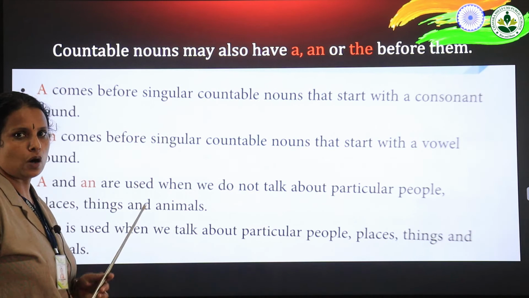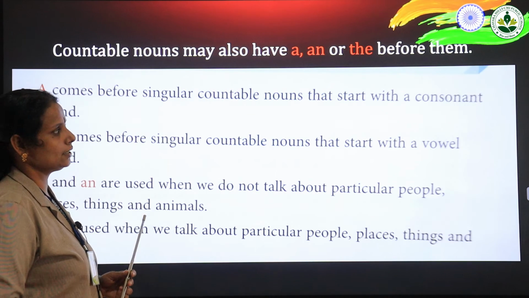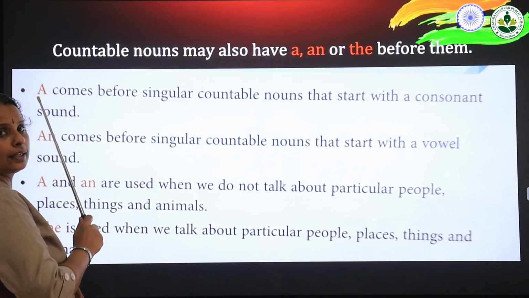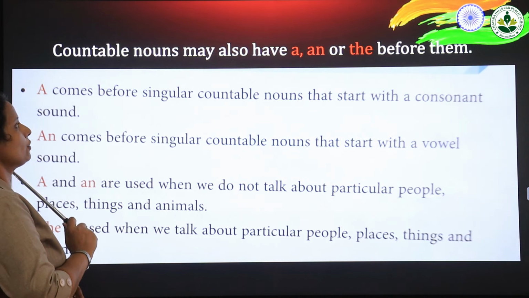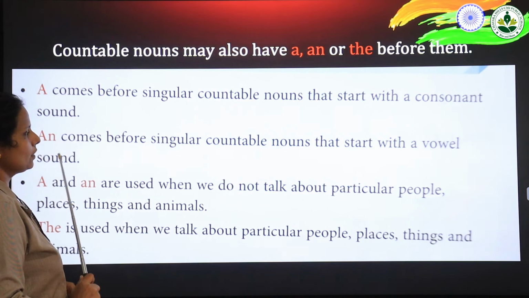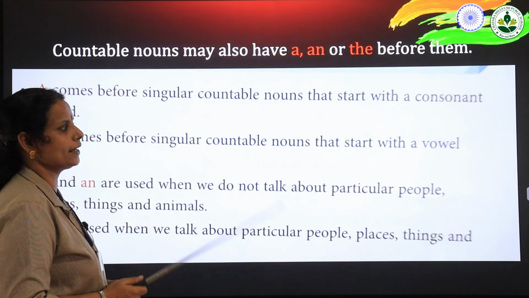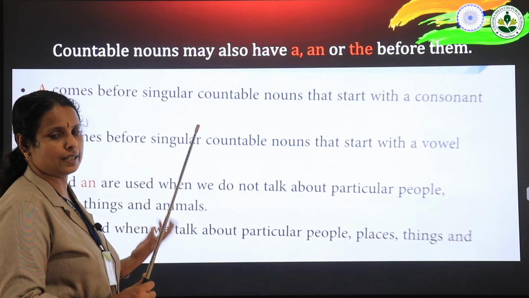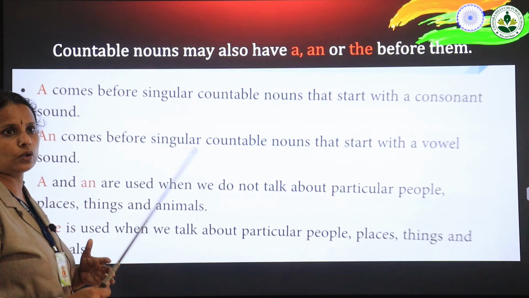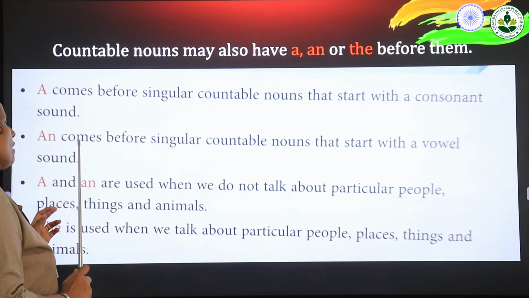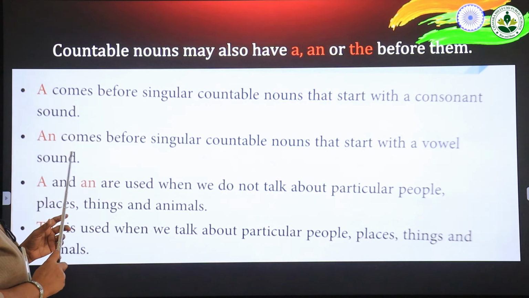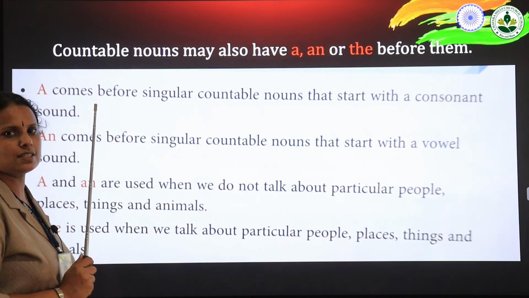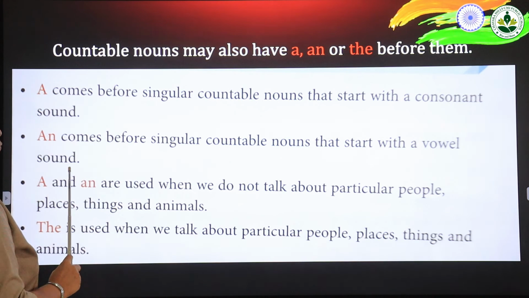If a noun starts with a consonant sound, before that we have to add a. If the singular countable noun starts with a vowel sound, for example beginning with a, e, i or u, we have to add an. We use an before singular countable nouns beginning with a vowel sound.